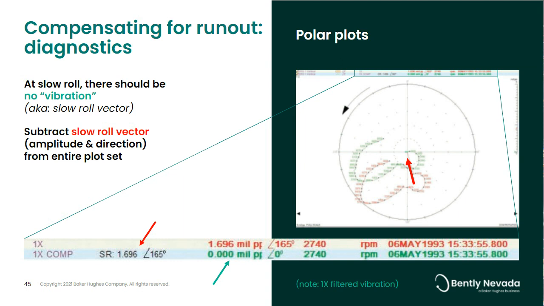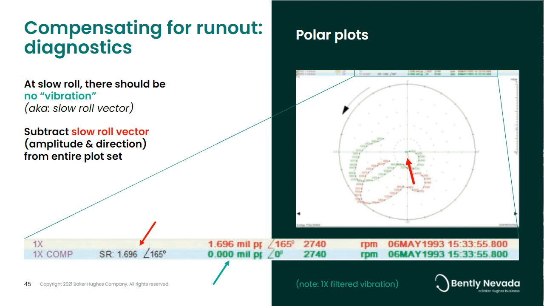So we look at the data, which would be the red trace. The raw data would be the red trace there for a startup or shutdown here. We can take that initial vector and subtract that vector from all the values. Visually, what that does is it moves that same startup or shutdown polar trace and starts it at the origin of the polar plot.